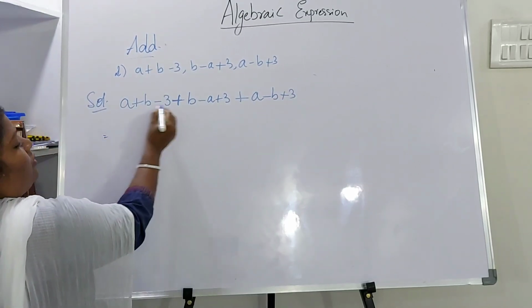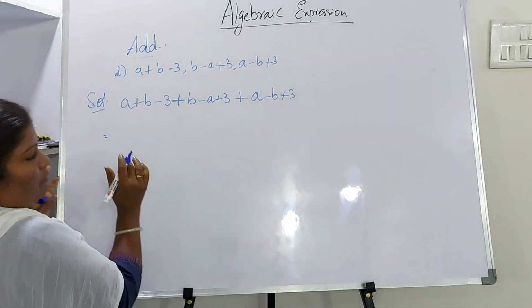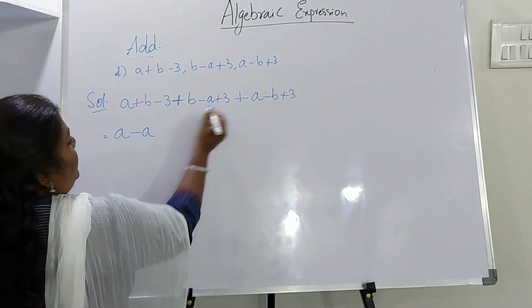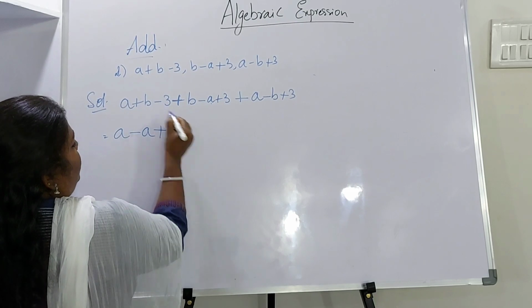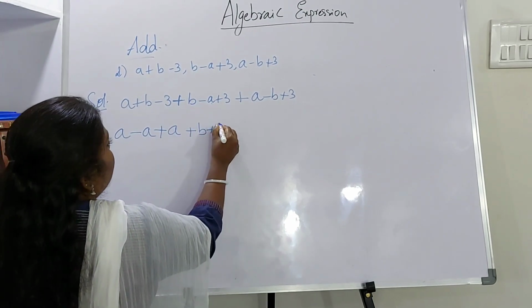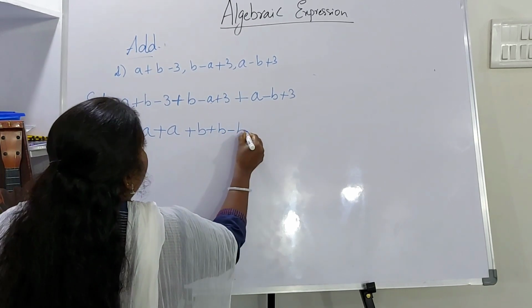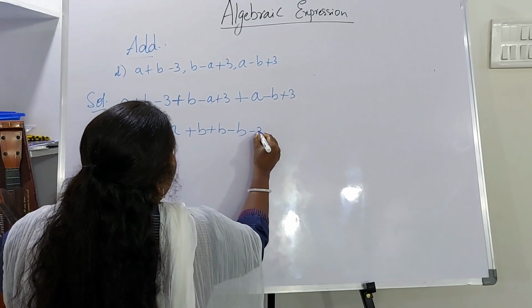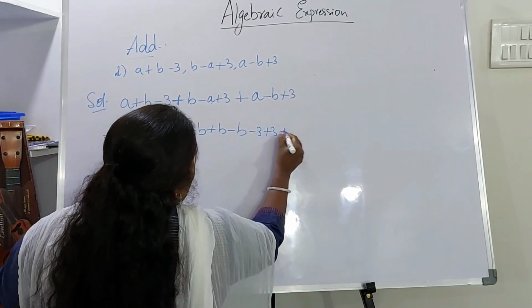Now write all like variables in one place. A, it is minus a, and here plus a. Next plus b, here you have plus b, and here you have minus b, and write all the constants in one place. So minus 3 plus 3 plus 3.